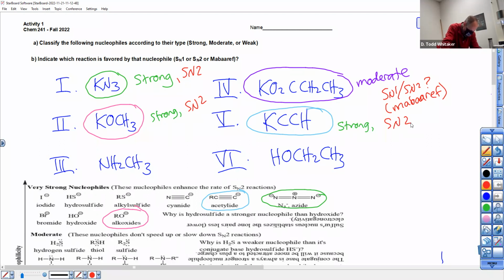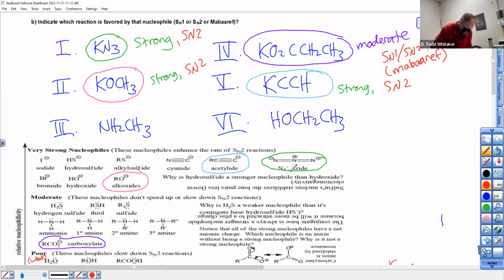Number 3 is in the moderate category, isn't it? And it's got a neutral nitrogen. I'll pick the circle too, in yellow. It's a primary amine. I'll circle the primary amine. And that one is moderate. What's your conclusion for moderate?